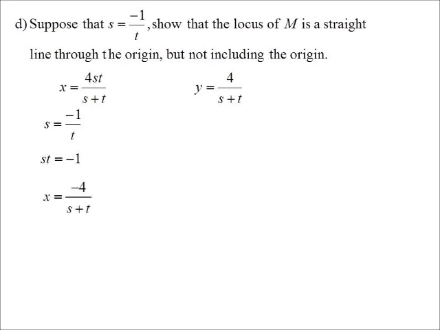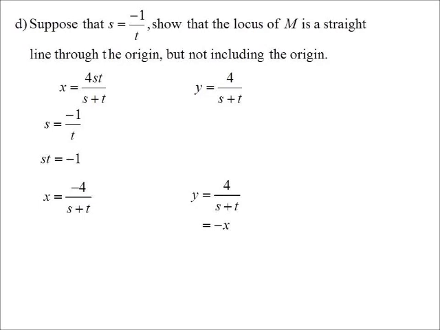Well, that means x is minus 4 on s plus t. Oh, look. y is positive 4 on s plus t. Could there be a relationship there? In fact, they've even given me a hint telling me it has to be a straight line that goes through the origin. Well, y is equal to negative x. That would indeed be a straight line that goes through the origin.